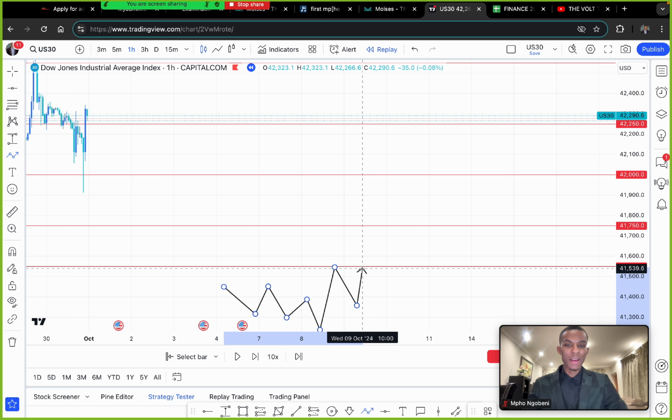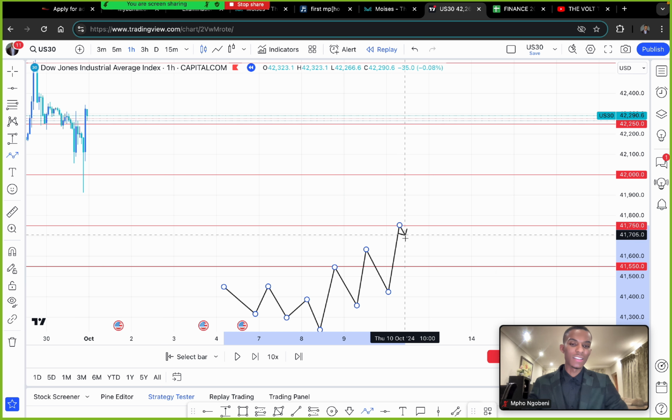Mostly the second touch, it breaks. Then maybe it comes back, then it breaks away, and then it comes here. This is the first time after a very long time it comes back here. It's going to act as a resistance.